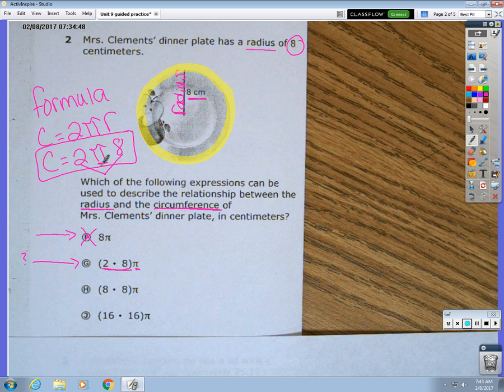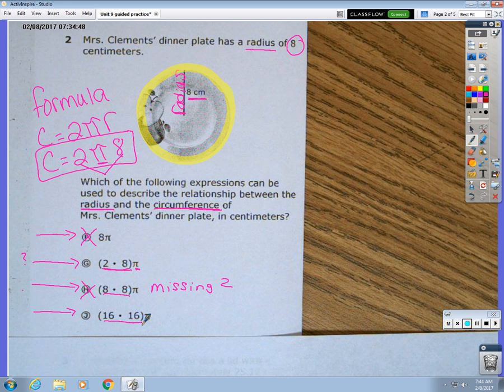On answer choice H, we're doing 8 times 8 times pi. If we look back at our formula, we're doing 2 times pi times 8. Answer choice A is missing the 2 part of our formula, so that's not going to work. Answer choice H is not going to work. And answer choice J has 16 times 16 times pi.